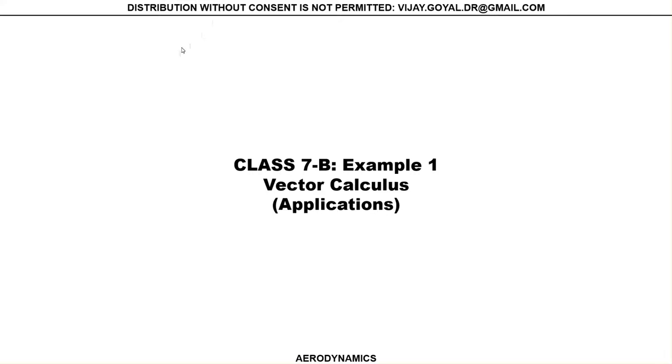So let's do some examples to better understand the concept of vector calculus in the previous lectures. To do that, let's consider the following case. Let's suppose we are working with a subsonic compressible flow.